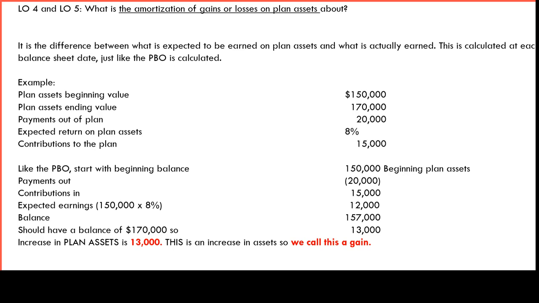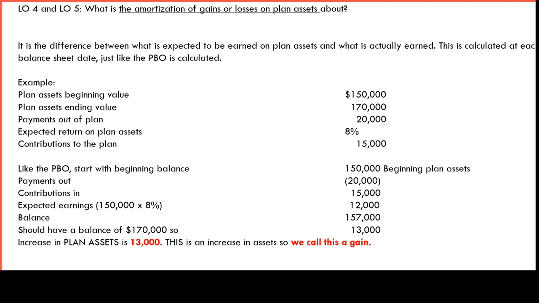This is a gain, an OCI gain. So again, you put an additional debit into plan assets, and this additional debit is for $13,000. So your OCI items from plan assets, they can show up as debits to OCI, or they can show up as credits to OCI, depending upon whether you make the expected return or you don't make the expected return.